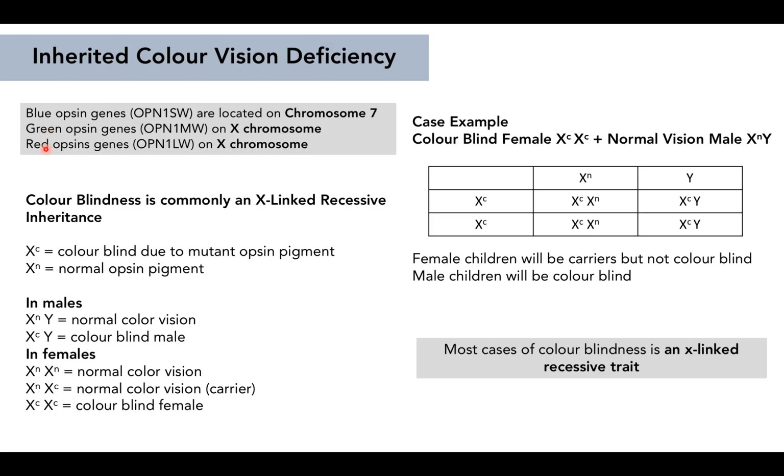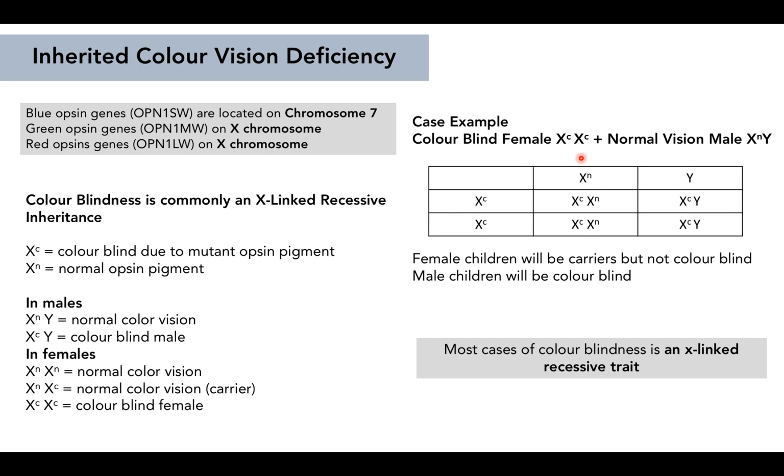The green and red opsin genes, OPN1MW and OPN1LW, are both found on the X chromosome. That is why color blindness is commonly an X-linked recessive phenomenon. In males, you either have normal color vision or are colorblind, whereas females could be normal, colorblind, or a carrier.